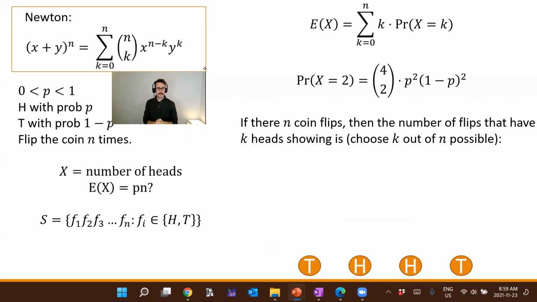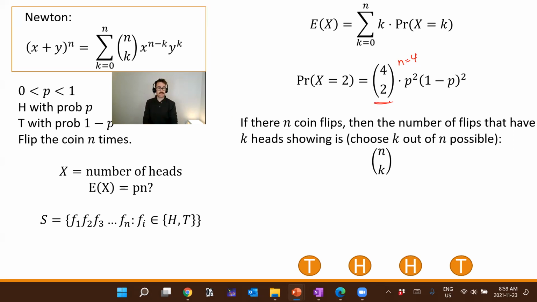Okay, so this is what it looks like for X equal to 2. If we want to generalize that for n coin flips, here we have n equal to 4, but if we want to find it for n coin flips in general, where k of those coin flips come up heads, in other words, we're going to choose k out of the n possible coin flips to come up heads, then that's going to be n choose k in general.